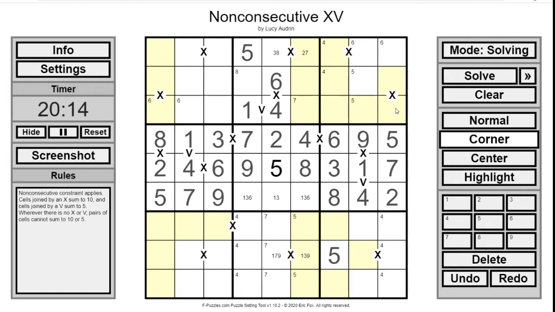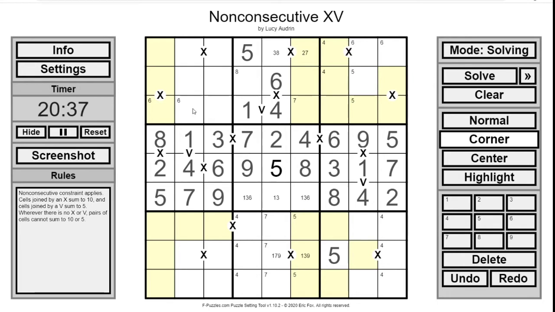Where are we getting? Alright, couple things I noticed.